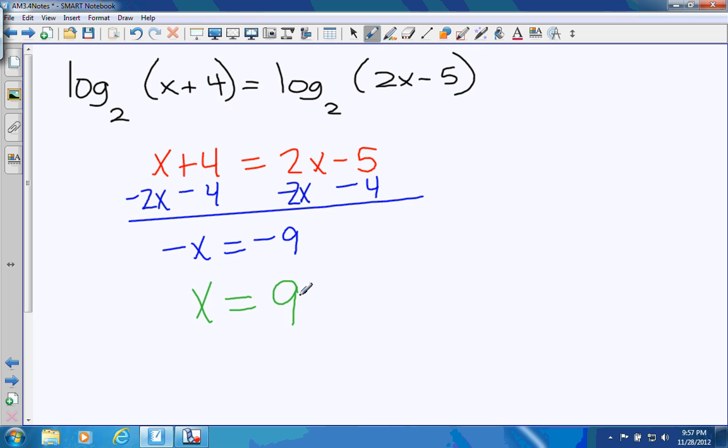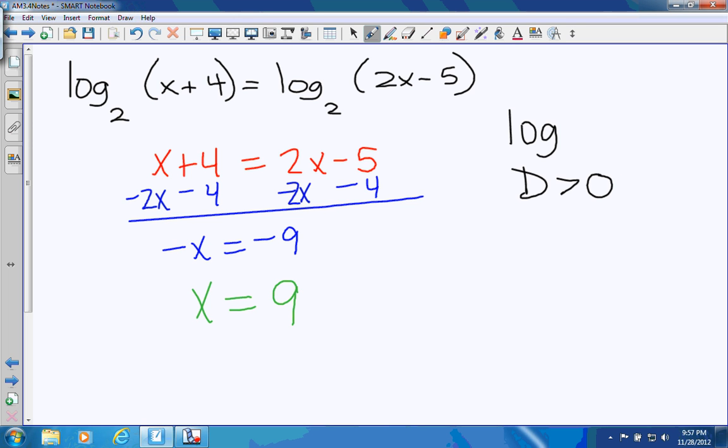Now, the one thing you have to keep in mind when solving a logarithmic equation, which is a little bit different than solving an exponential equation, is in a logarithmic equation, the domain of any logarithm has to be greater than 0.